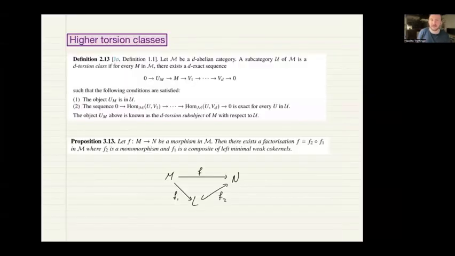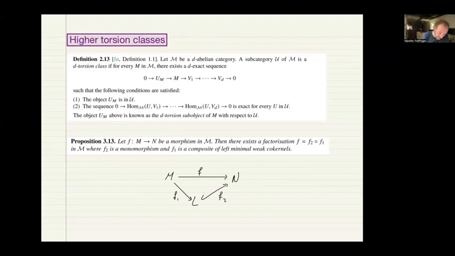Now, it is important to remind you that every d-torsion class induces a subobject U inside any object M in the cluster tilting subcategory. And in order to show the existence of this subobject, we showed an intermediate result, this proposition that I want to highlight here.